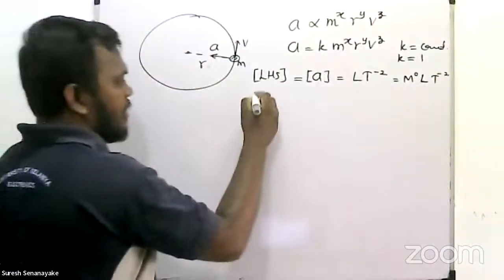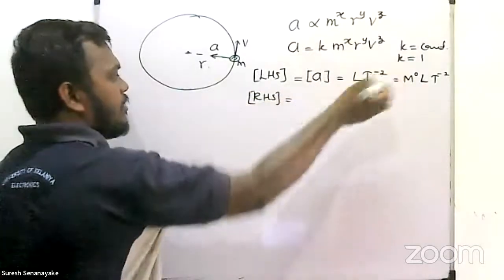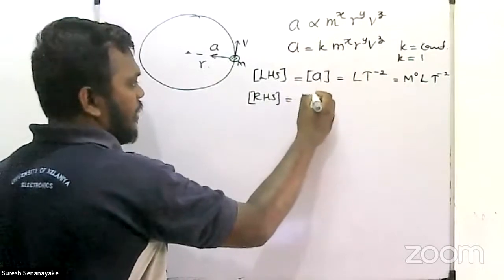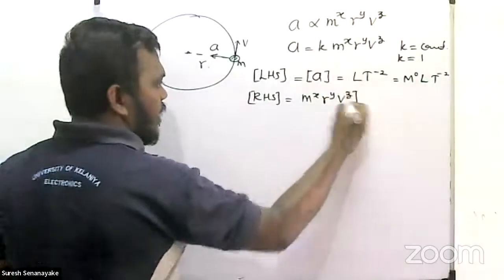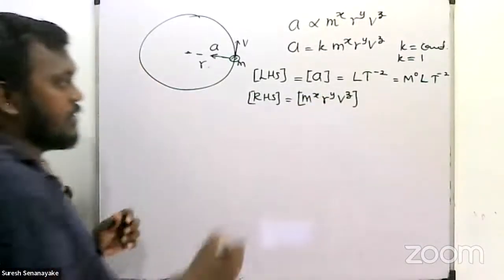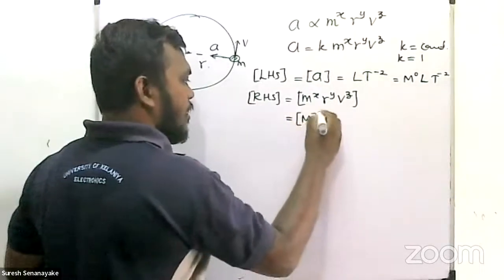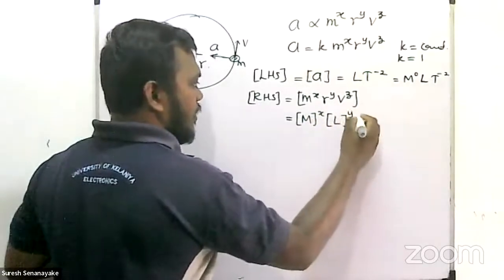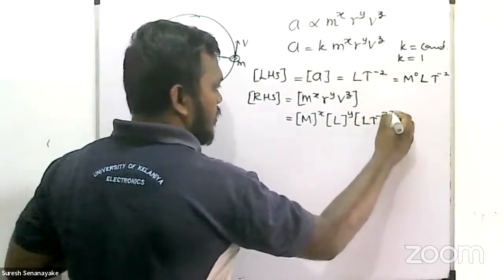Then the dimensions of the right hand side: the dimension of mass is M to the x, the dimension of radius is L to the y, and the dimension of velocity is L T to the minus 1, all to the z.